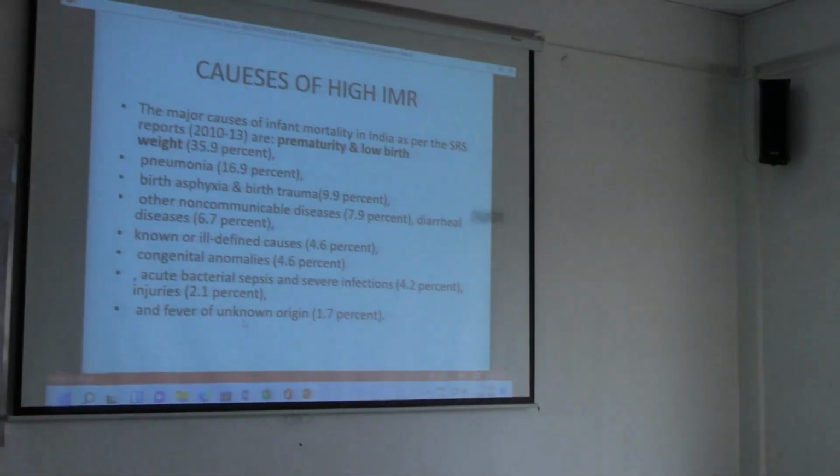We have a decline, but the decline has to go even further. The major causes of IMR are prematurity, low birth weight, pneumonia, birth asphyxia, birth trauma, then other non-communicable diseases, diarrheal disease, congenital abnormalities, sepsis and serious infection, and fever unknown.